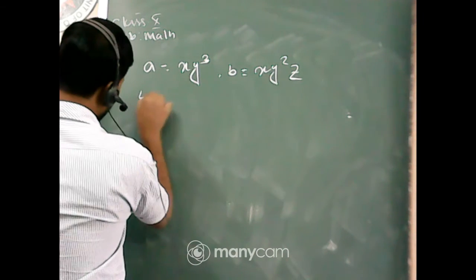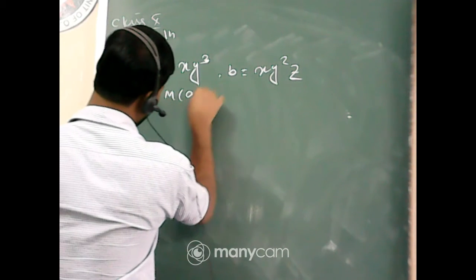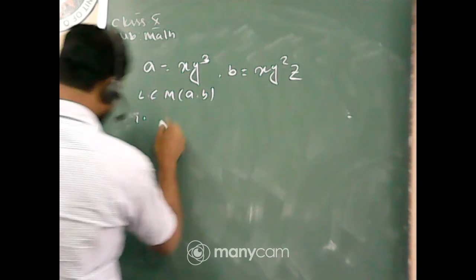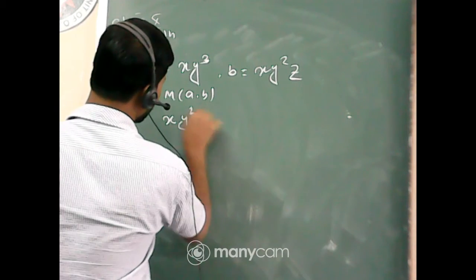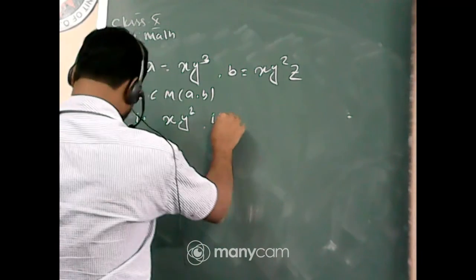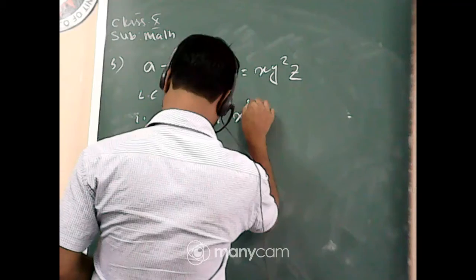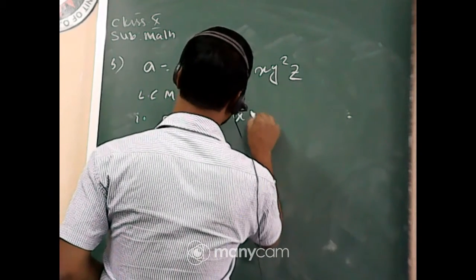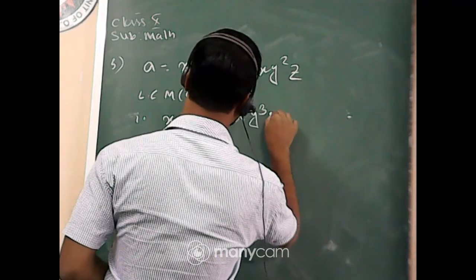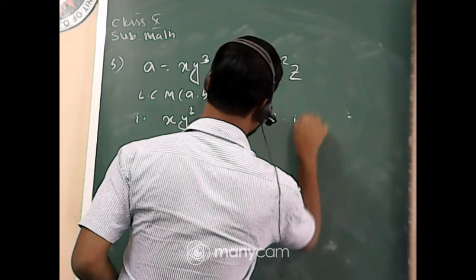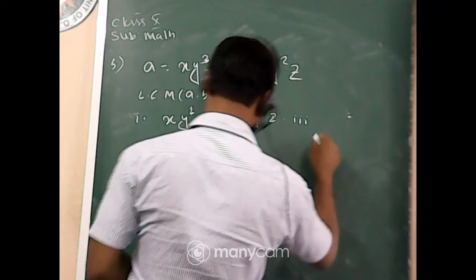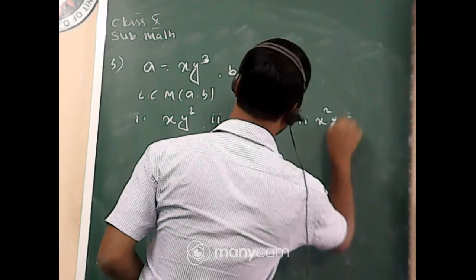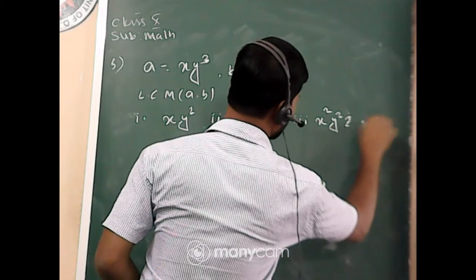Then we have to find the LCM of A and B, and the options are: number 1, x y square; option 2, x y cube z; option 3, x square y square z; and option 4 is none of this.